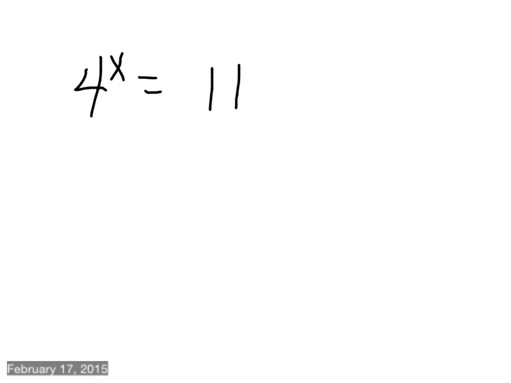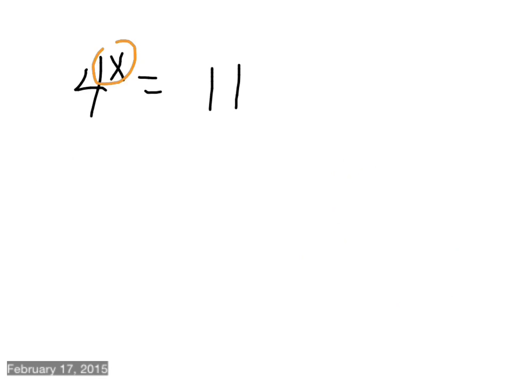I cannot make these the same base. No matter how hard I try, it ain't going to happen. But the thing I want you to identify is the fact that your exponent is your variable. Do you see where the variable is? It's up in the exponent. It's saying 4 to the x equals 11.